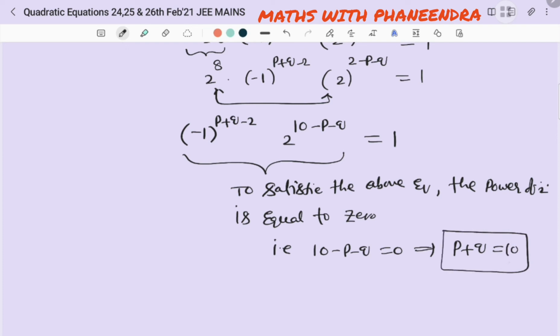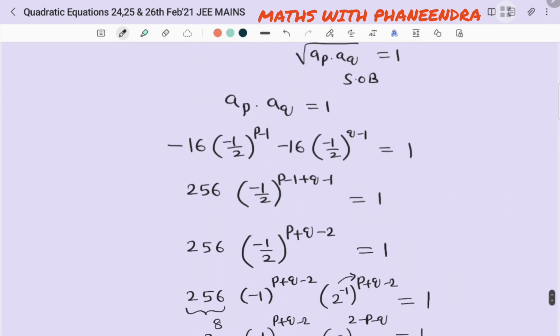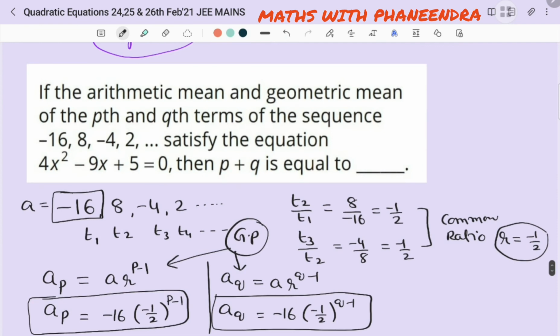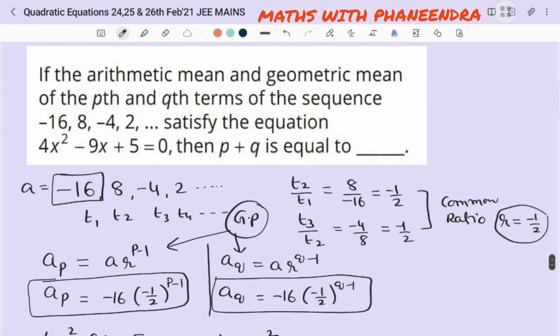If you substitute p plus q equal to 10 here, 10 minus 2 is 8, and minus 1 whole power 8 is 1 only. So it is satisfying. Also, 10 minus p plus q becomes 10 minus 10 equals 0, and anything power 0 is 1. Both sides are satisfying. So the answer is p plus q equal to 10. It is an integer type question. Therefore p plus q is equal to 10.